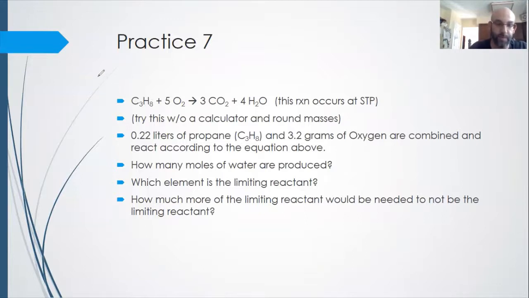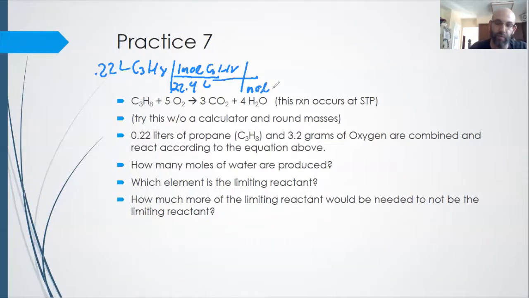Okay. So we have 0.22 liters of propane, and we're at STP, so that means for every 22.4 liters, there's a mole of propane. And then in the equation, for every 1 mole of propane, we get 4 moles of water.